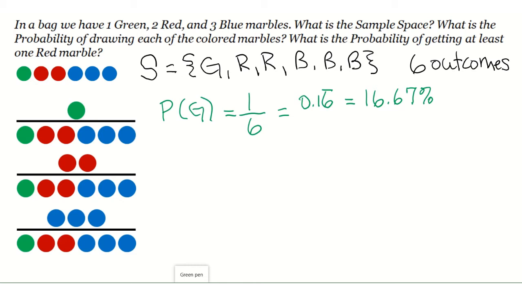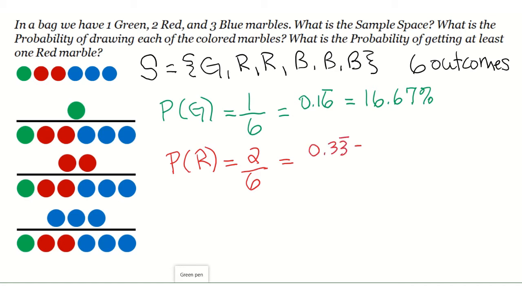Let's do the same thing for red. The probability of drawing a red marble, I have 2 marbles, so that's 2 possible outcomes for a red event divided by the 6 possible outcomes for drawing any of the marbles. That's going to simplify to 0.33.